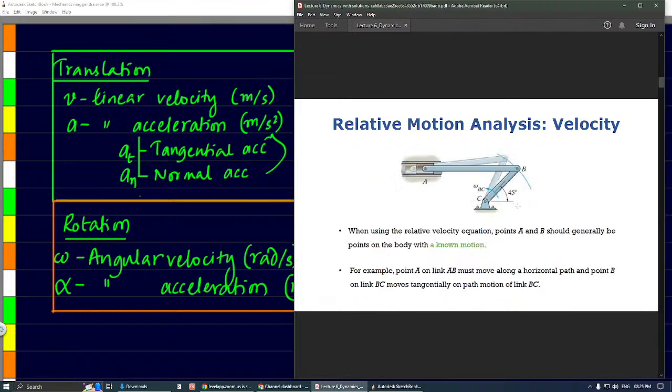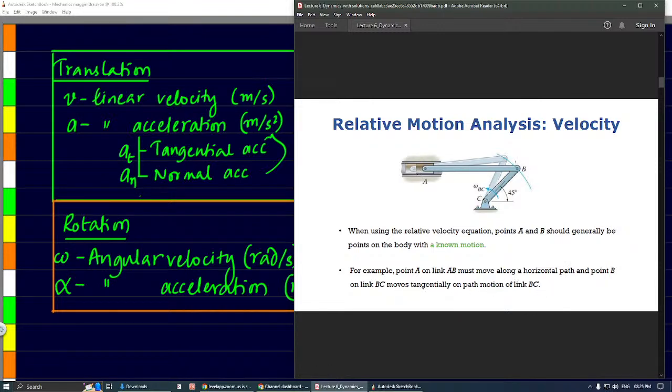Here, when using the relative equation, A and B should generally be points in the body with a known motion. For example, point A on the link AB must move along a horizontal path. Point B on the link BC moves tangential to the path.